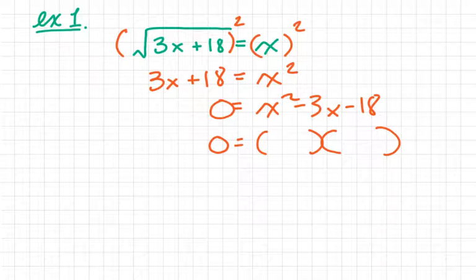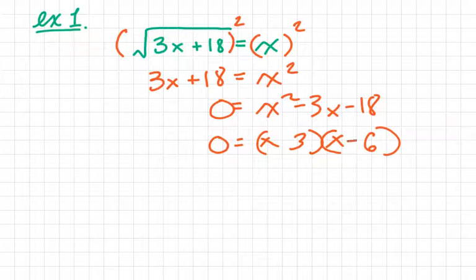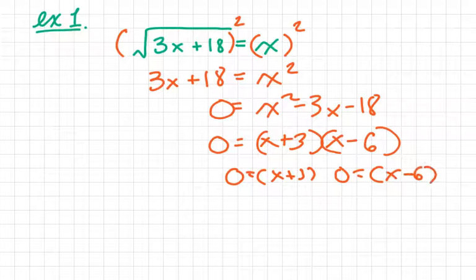I think it's going to be 6 and 3, and the negative is going to be the bigger number. So our two solutions are x is equal to negative 3 and x is equal to positive 6.